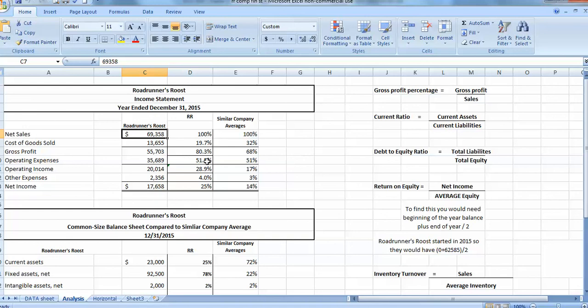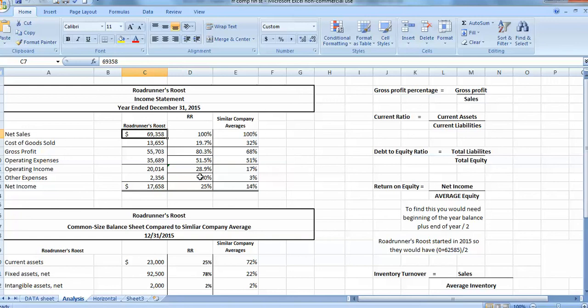That's 51.5% of our sales, or 51.5 cents of every dollar in sales covered our operating expenses. If we divide our operating income into our net sales, 28.9 cents of every dollar in sales left us with operating income, the income that was left over after our cost of goods sold and our operating expenses.